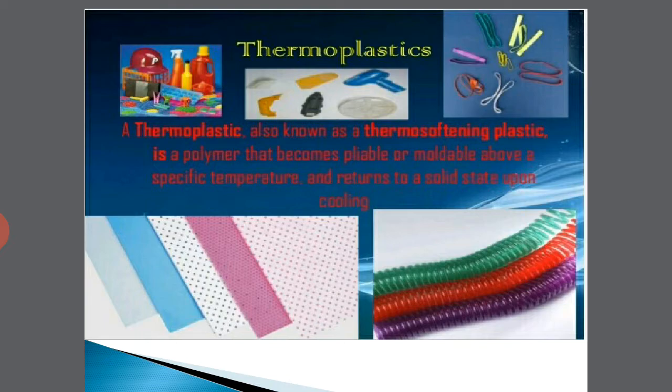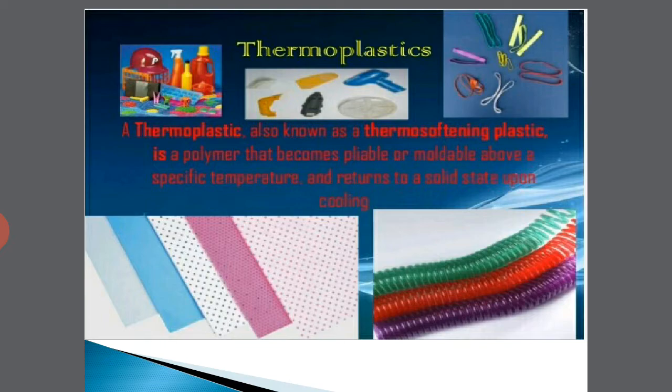The one thing about the thermoplastic is they can be given a desired shape at a particular temperature, and they can be given the shape again and again. We can reuse them. This is the good thing about thermoplastic. Okay, and you can see in images also thermoplastic.